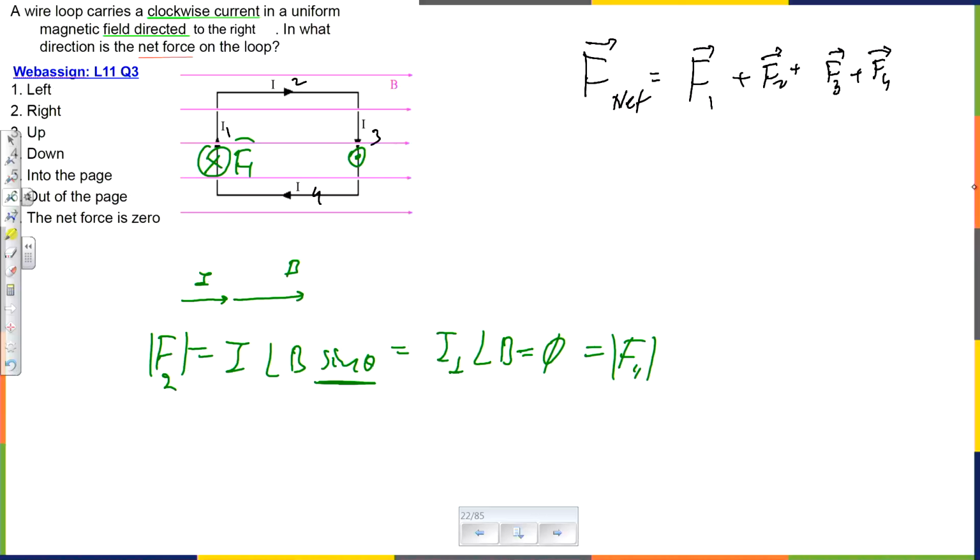So we have one arrow pointing away, plus 0, another arrow out, plus 0 again, and those cancel each other out. There is no net force acting on this loop, and this answer doesn't depend on the shape.